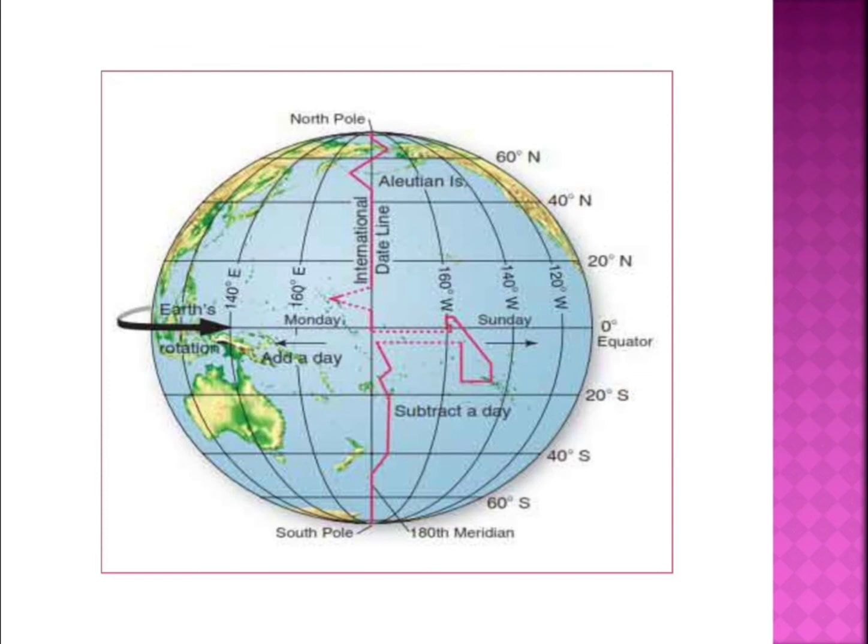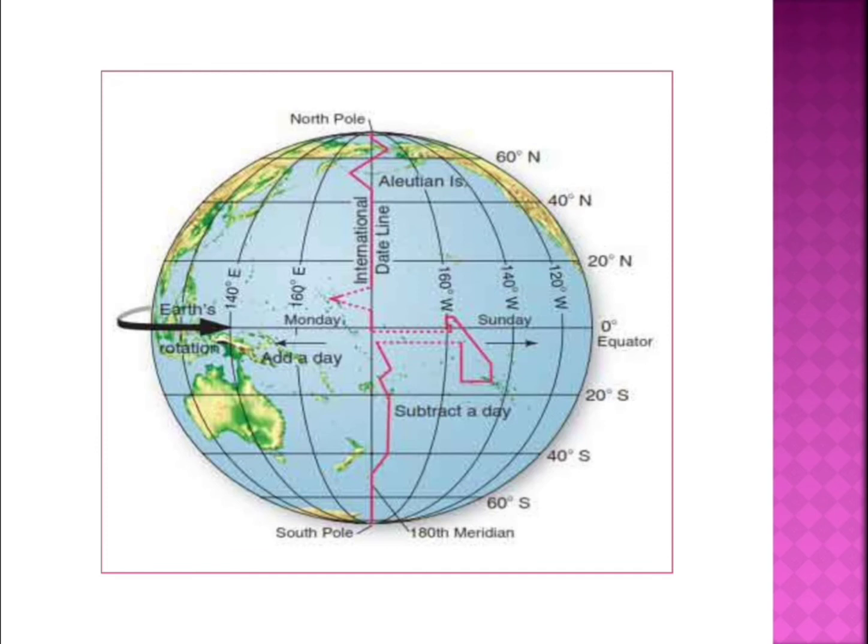When people travel across this line, they have to cross it. From west to east they gain a day, 1 day will be increased. If they travel from east to west, they lose 1 day in the traveling.